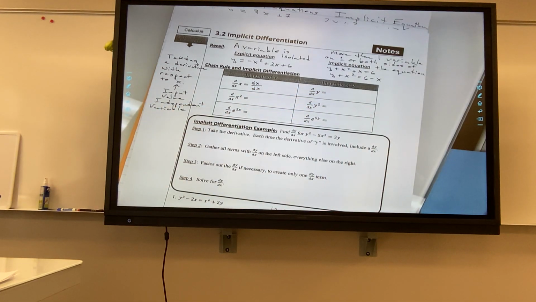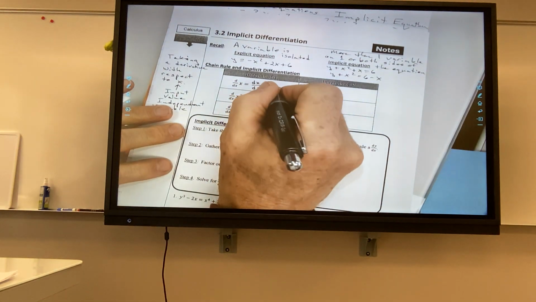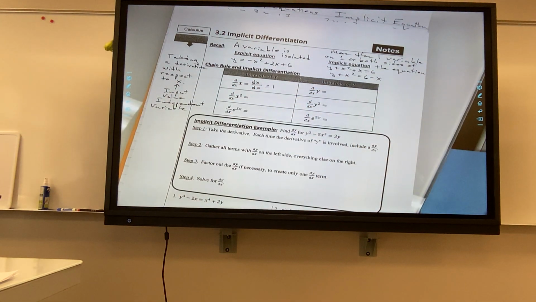But I don't, because dx over dx is saying how dx is changing, right? dx is my run of my slope, correct? It would be the same number over itself, the change in x over the change in x, which would be 1. But I could write that.